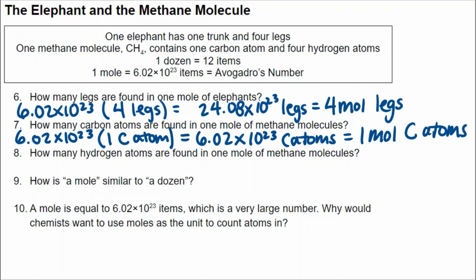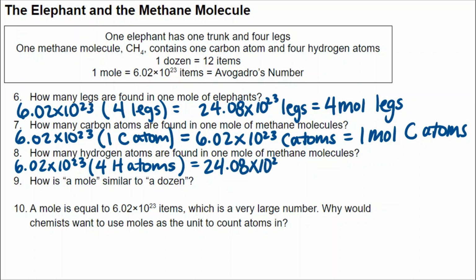For hydrogens, if we have a mole of these molecules and each of them has 4 hydrogen atoms, that means that I'm going to have 24.08 times 10 to the 23rd hydrogen atoms, which we can also just call 4 moles of hydrogen atoms.